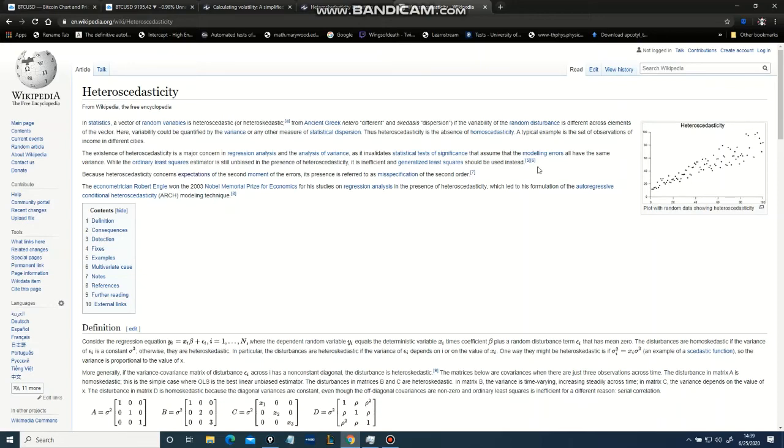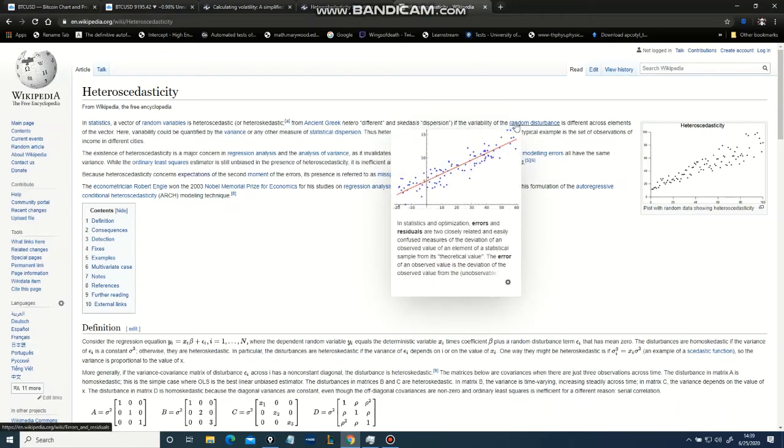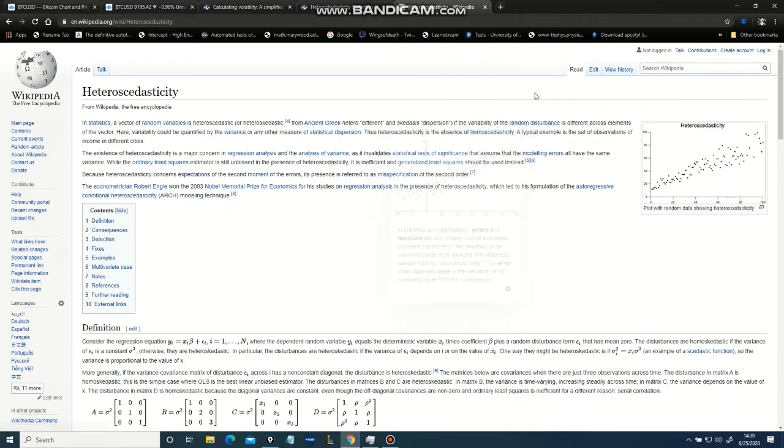Okay, what is this random disturbance thing doing in here? Ordinary least squares, yeah, I know that one. It's still unbiased, okay. Inefficient. What does that mean? Inefficient.